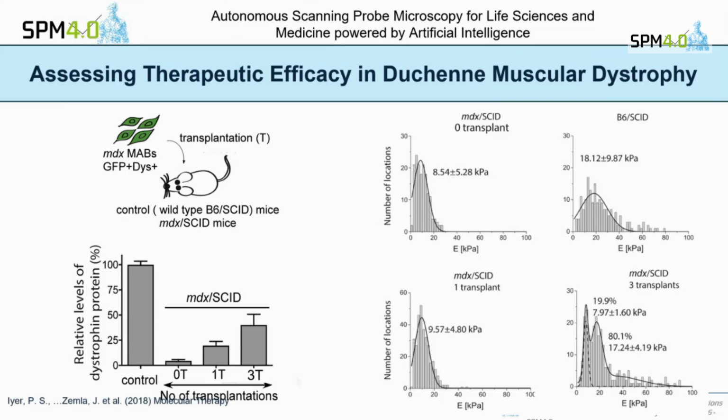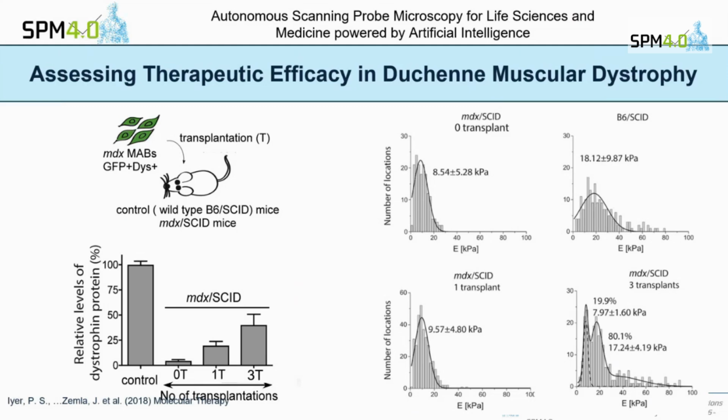If we compare those distributions with distributions of the elastic modulus obtained for transplanted muscles, we can see that at nanoscale for a single transplantation, there is no change in the elastic Young's modulus, while after 3 transplantations, we can see 2 peaks in the distribution.